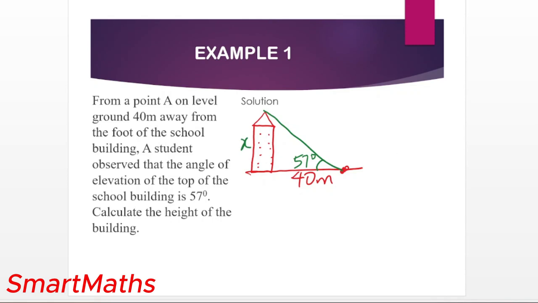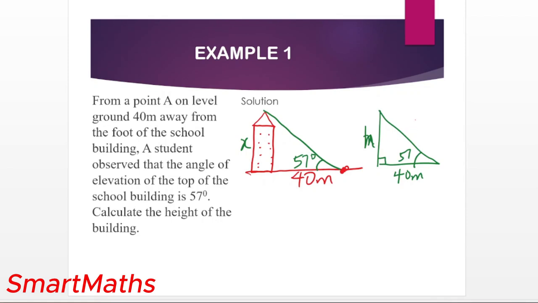If you draw it properly without the building, this is what you're going to have. This is a right angle. This is X, the height of the building. Let's say it's H. This is 57 degrees, and this is 40 meters. Now, from here, we are looking for H. The first thing you can see is that we have interpreted it as a right-angled triangle, and from here we can label everything.